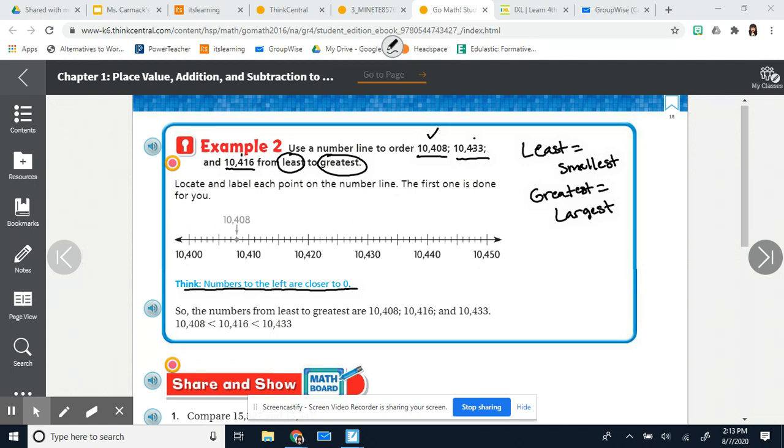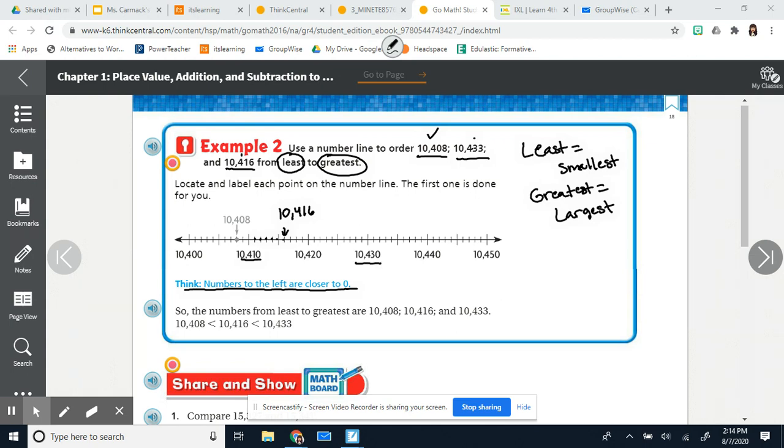So 10,416, so on my number line, I'm going to start here, 10,410, and go 1, 2, 3, 4, 5, 6. So it's going to go right here. 10,416. Okay, and then that means I just have 10,433 left. Oh, well, here's 10,430 right here.